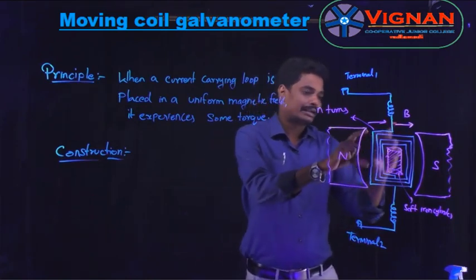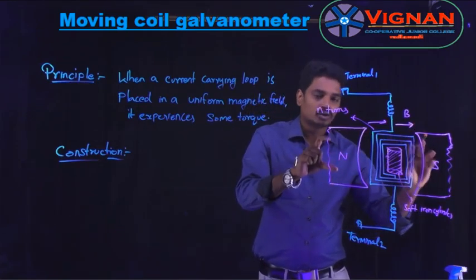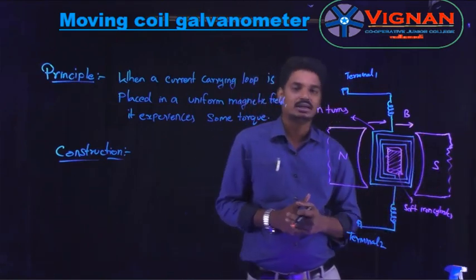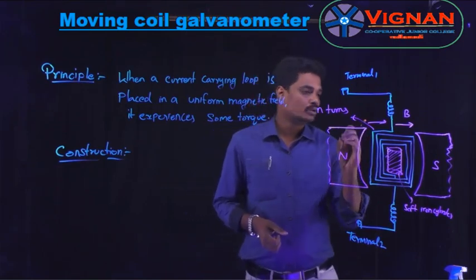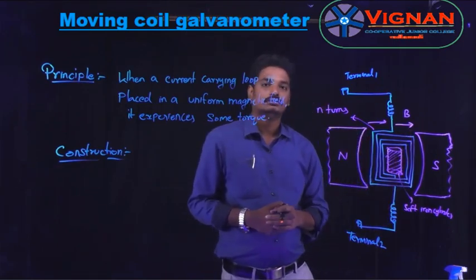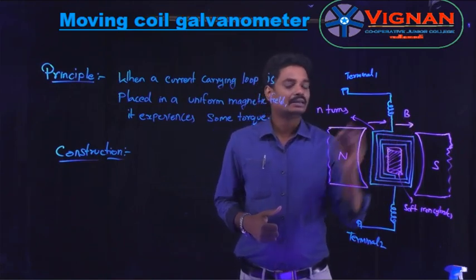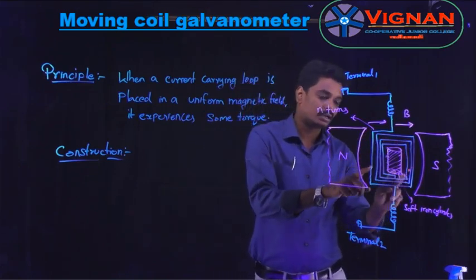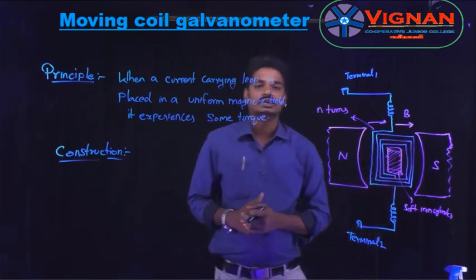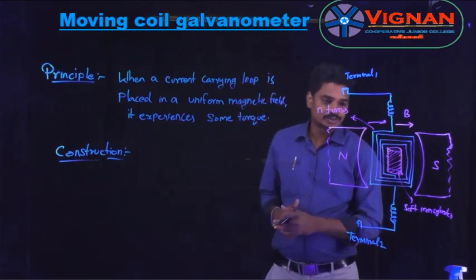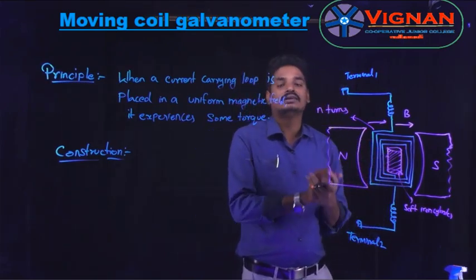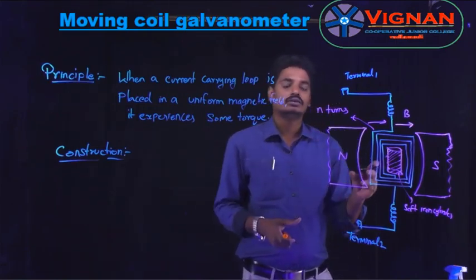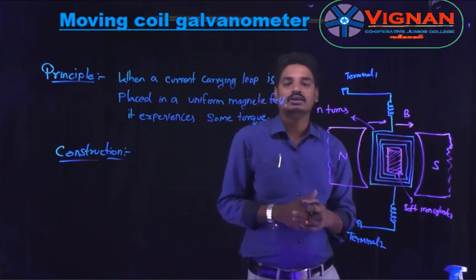This whole rectangular loop is placed between two permanent magnets, one acting as a north pole and the other as a south pole, such that a uniform magnetic field is produced. Let the magnetic induction be B. Now inside this rectangular loop, a soft iron cylinder is placed such that a radial magnetic field is generated. In our later discussion, we will come to know why the radial magnetic field is used.